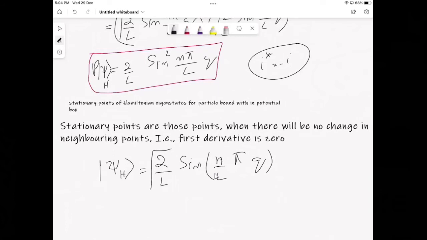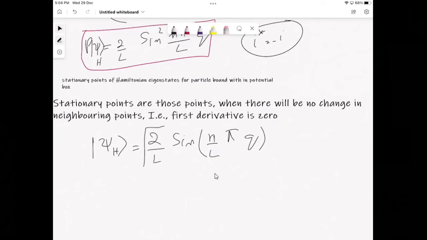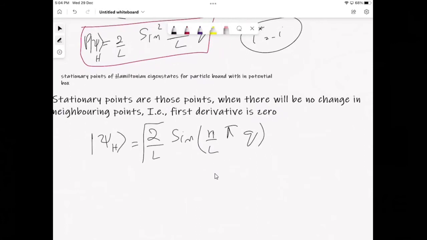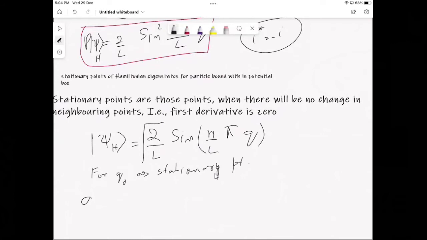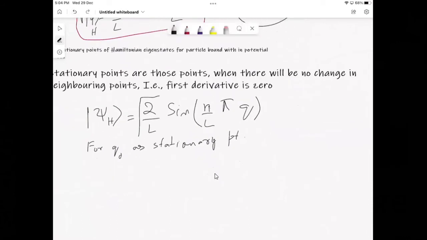If q naught is stationary point, the derivative of phi h with respect to dq, that will be equal to 0 at q equal to q naught. Okay, that will be stationary point.